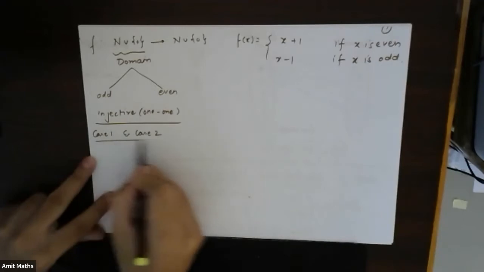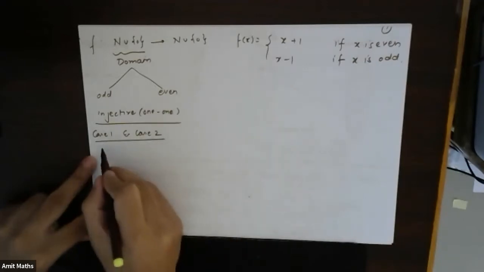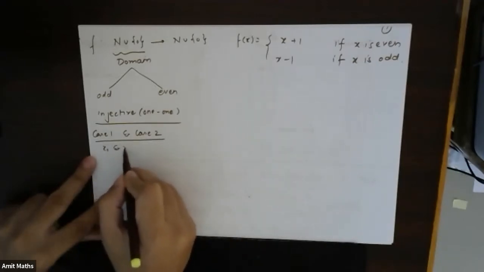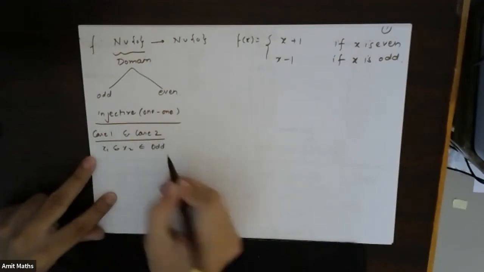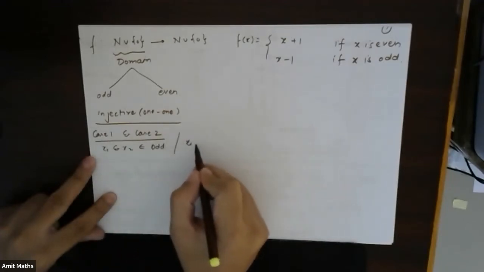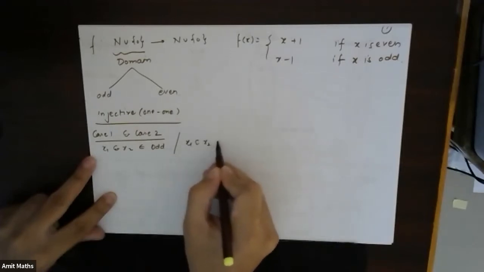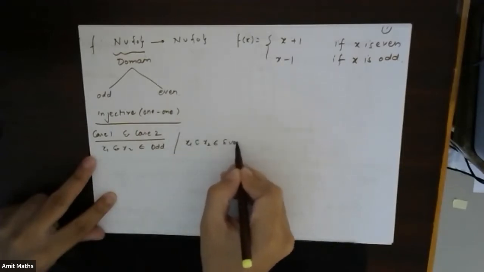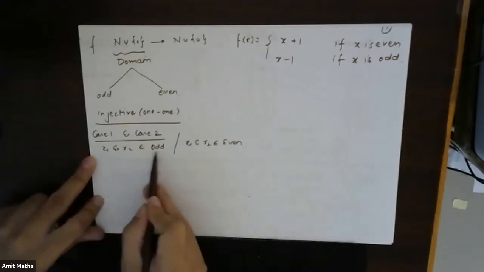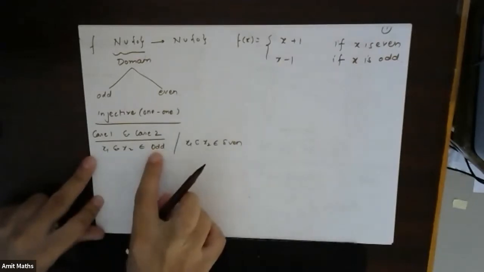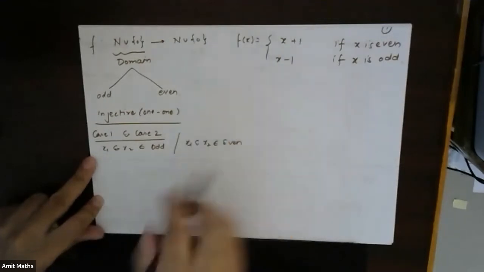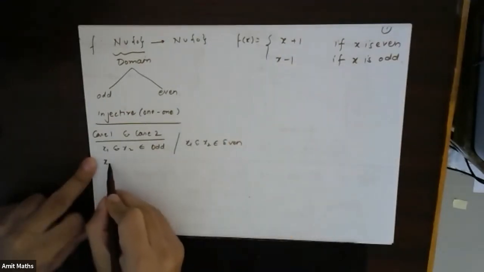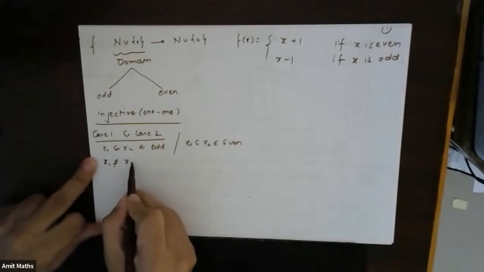Case 1 and case 2 will be of a similar kind, that is, x1 and x2 belong to odd numbers, or x1 and x2 belong to even numbers. For x1 and x2 odd, I can start with x1 not equal to x2.